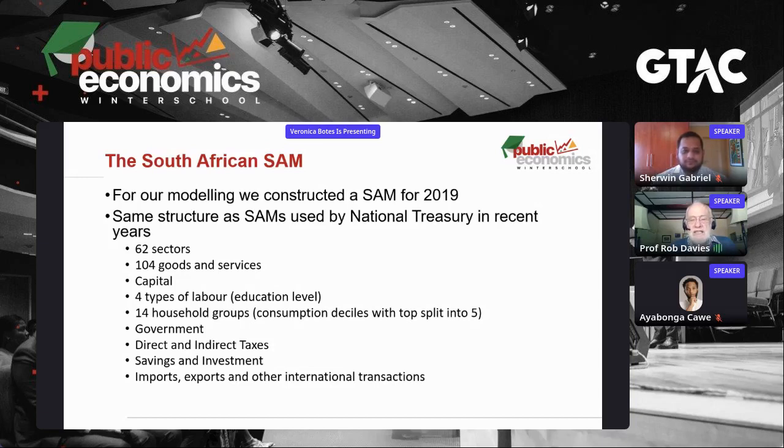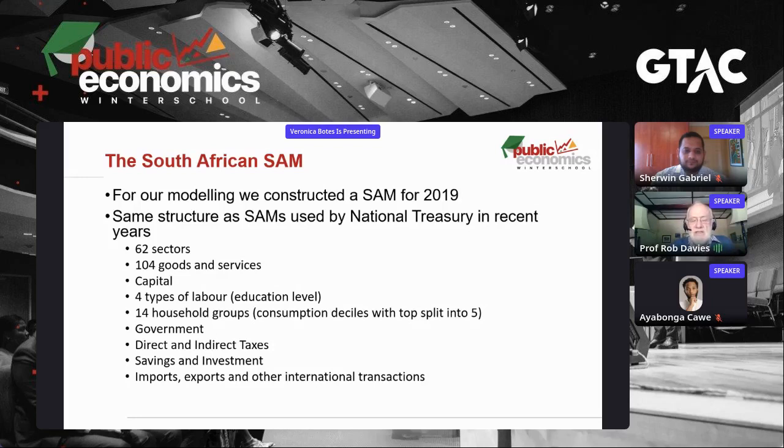Because South Africa's income and consumption is so unequal, we need a lot more disaggregation at the top to capture things. And then we've got government and various taxes, savings and investment going in. And finally, trade, imports, exports, the whole current account balance.